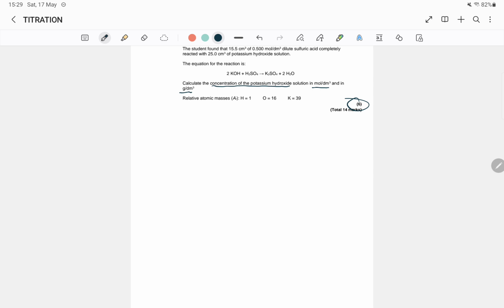So let's just familiarise ourselves with the 2 equations to calculate concentration. Concentration is equal to moles divided by volume, or concentration is equal to mass divided by volume. It doesn't matter which one you choose to start with, but I'm going to focus predominantly on this one.